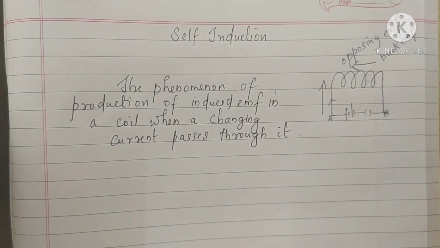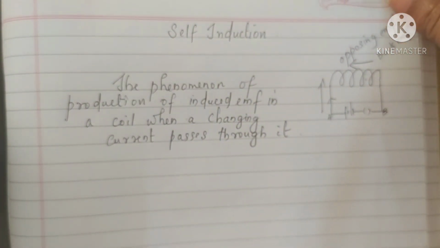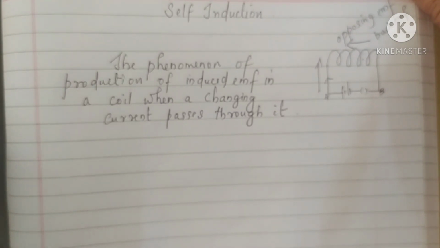Clear? The phenomenon of production of induced EMF in a coil when a changing current passes through it is known as self-induction.